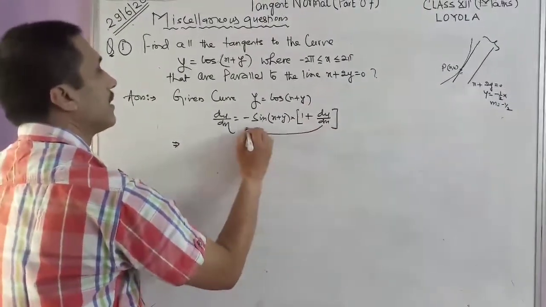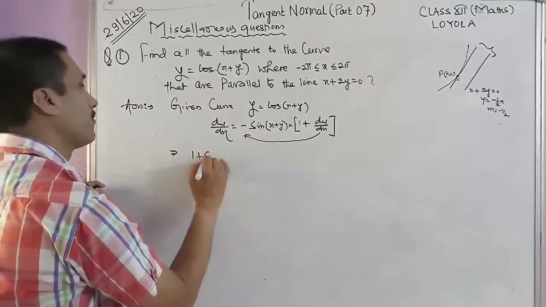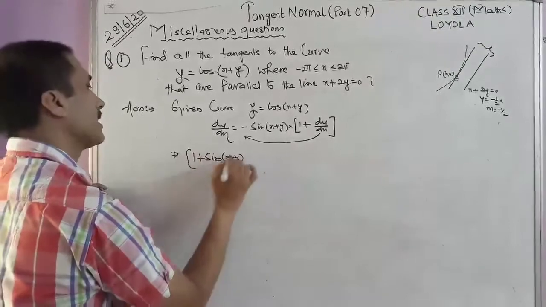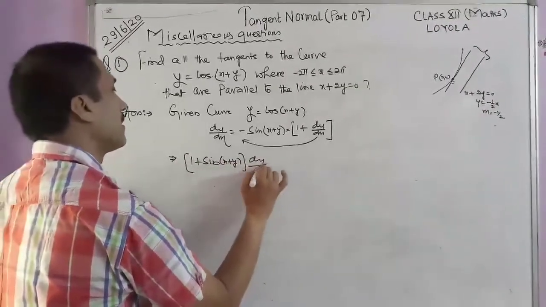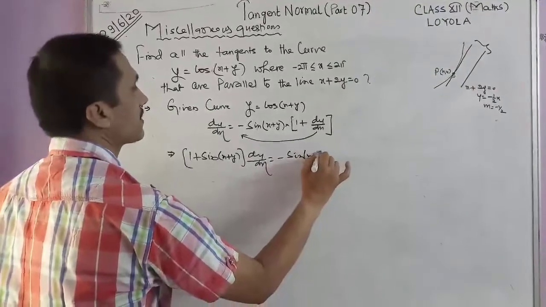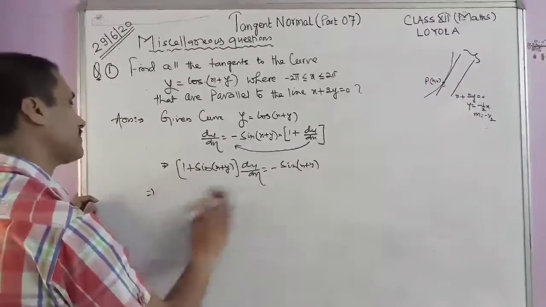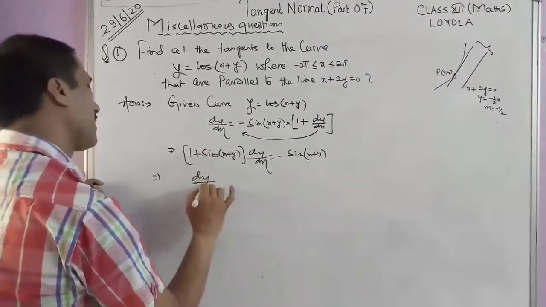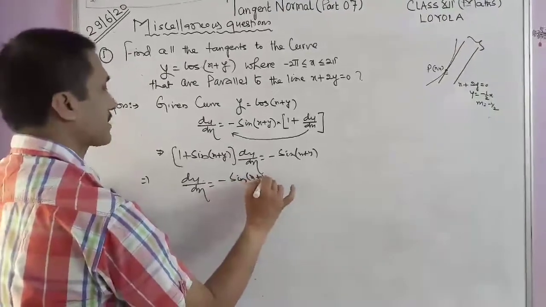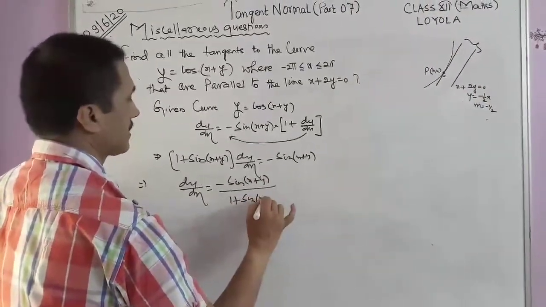Shifting the term containing dy by dx to the LHS, (1 plus sine of (x plus y)) dy by dx equal to minus sine of (x plus y). Therefore, dy by dx equal to minus sine of (x plus y) upon 1 plus sine of (x plus y).